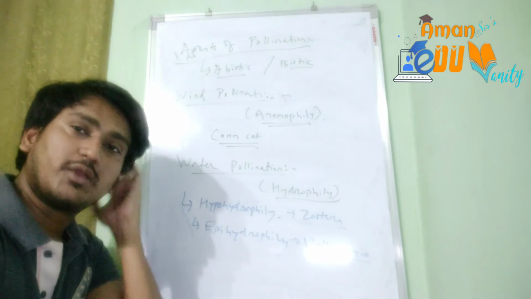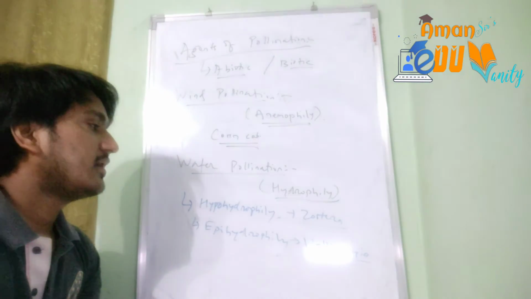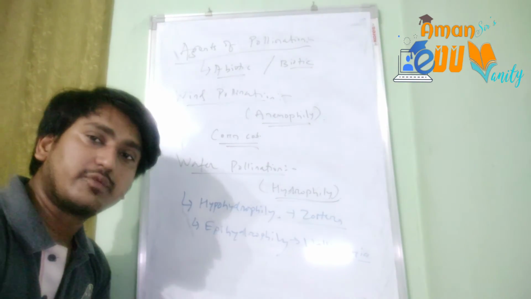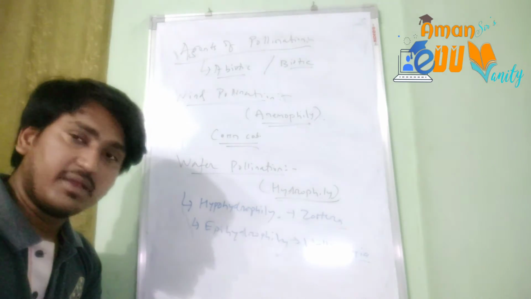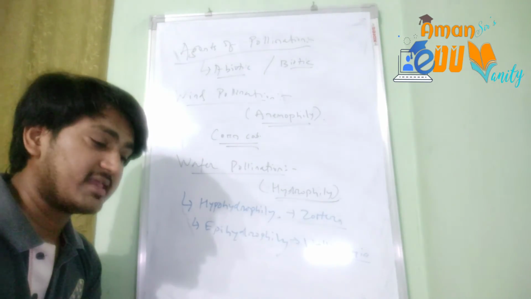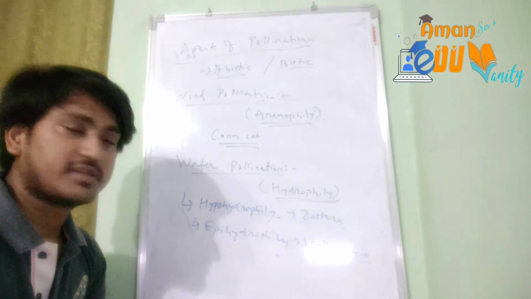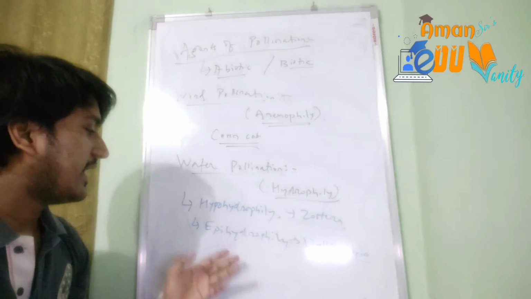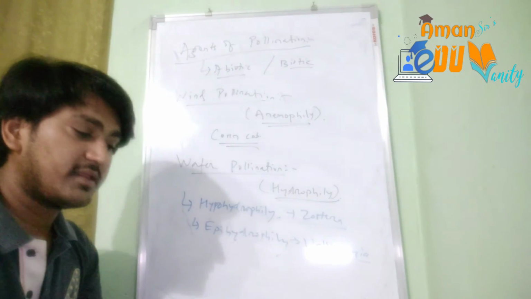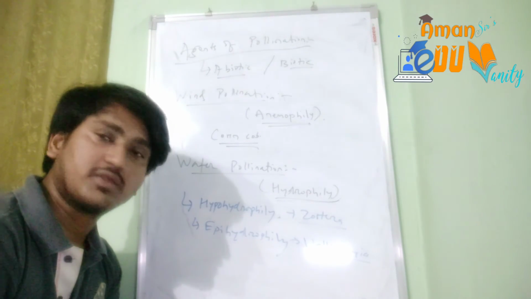The pollen grains will be released in the water currents, and the female flower will also be submerged within the water, and by means of water currents the pollen grains will by chance meet the stigma of the female flower. And in epihydrophily, it takes place over the surface of water.